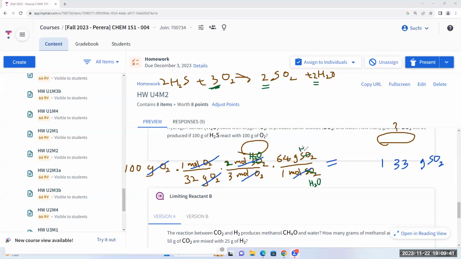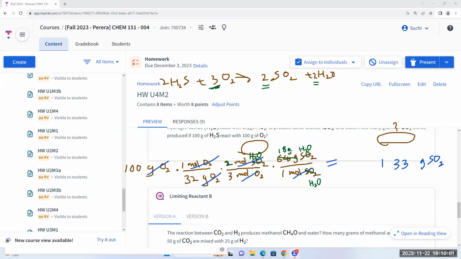What is it? 1 mole of H2O is 18 grams. So Aaron, that was the issue, yeah? It's just the mass of H2O. Yeah, you need to switch that.